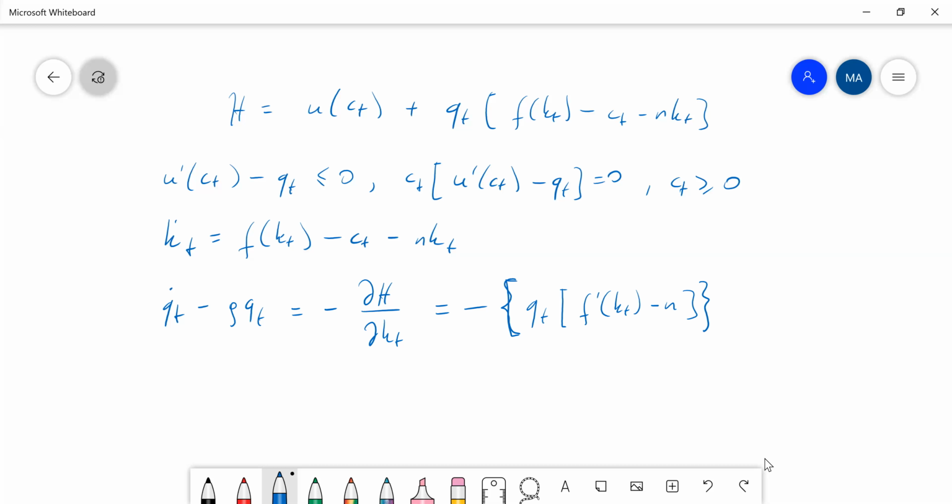Then we have the transversality condition: the limit as t goes to positive infinity of q(t) e to the minus rho t times k(t) equals 0.